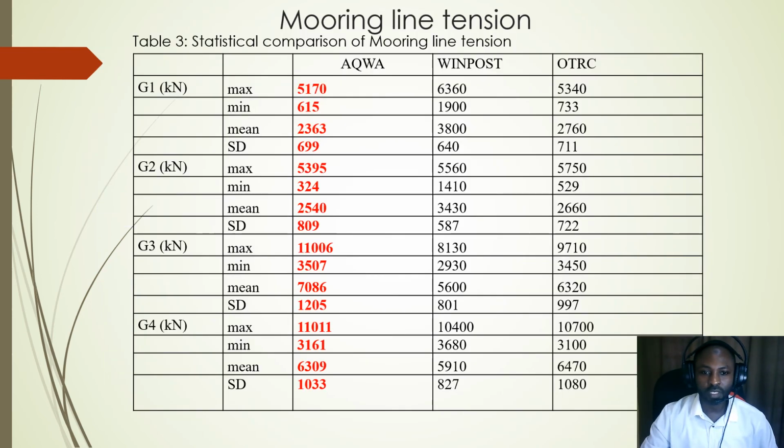So based on the statistical comparison, you can also see the mean result also compared well with the experimental results in this group, and in this group also very well, and so also in the other groups.